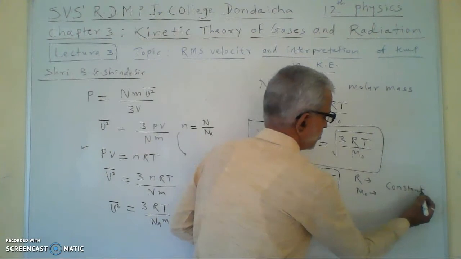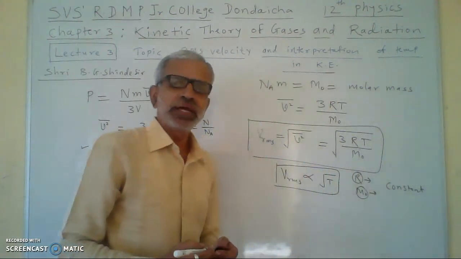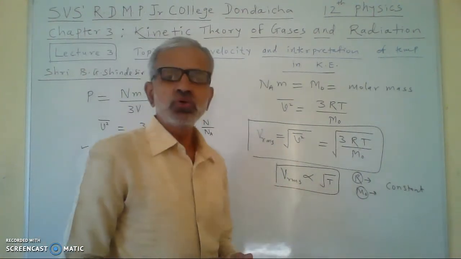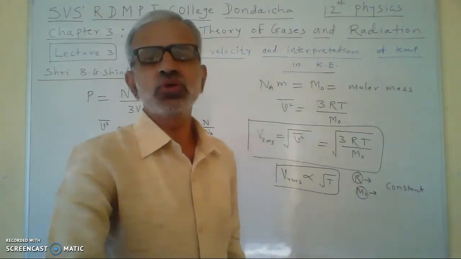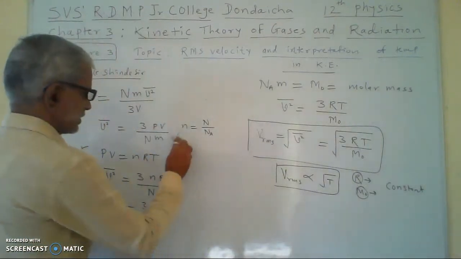R and M0 are constant, and therefore VRMS will be directly proportional to under root of T. This is the conclusion of this article, the expression for the RMS velocity.